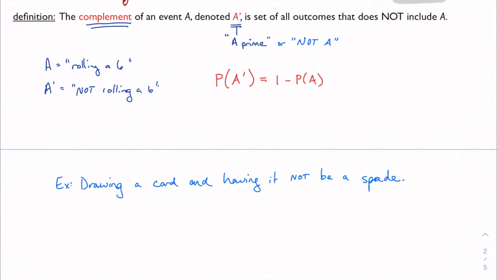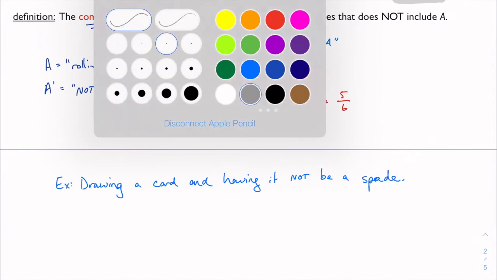If the probability of not rolling a 6, if I stick with that, well, if we did this the long way, I could roll a 1, a 2, a 3, a 4, or a 5. I have 5 options out of 6, and I have one way out of 6 I could roll a 6. Well, sure enough, 1 minus 1/6 is 5/6. So that's my big formula in action here.